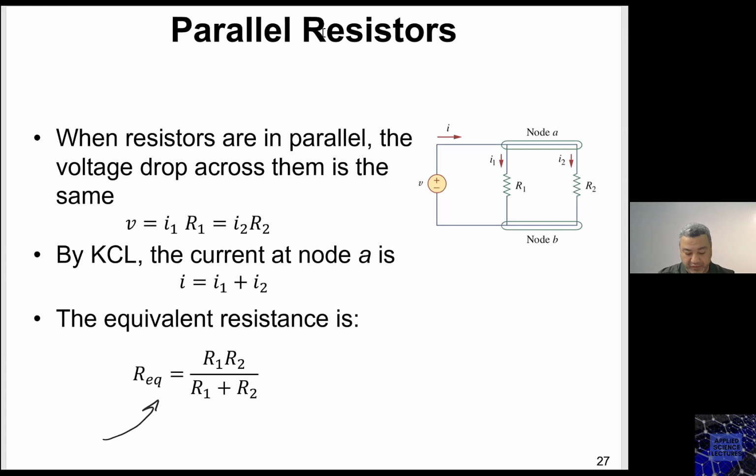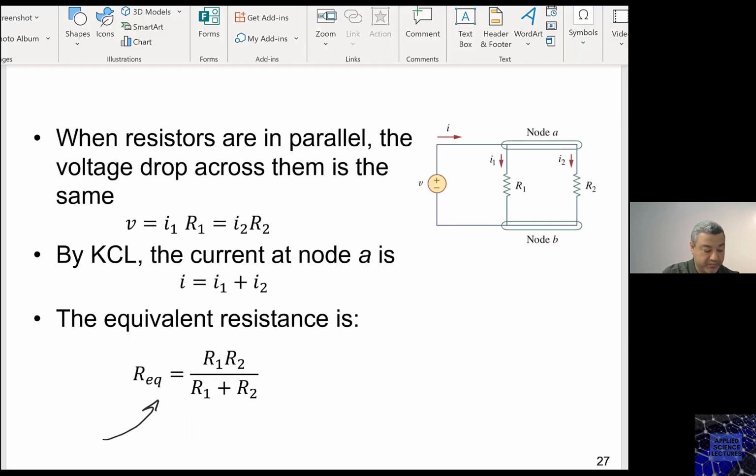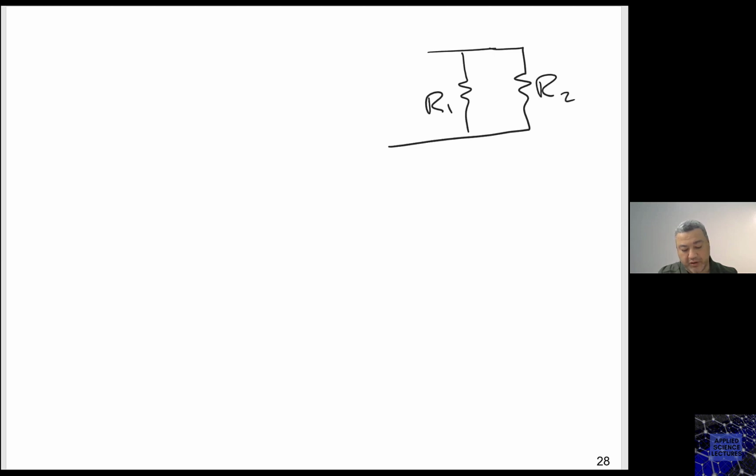So if you recall, probably we can redo that. If we have here two resistors that are in parallel, R1 and R2, where this is I2 and this one is I1.